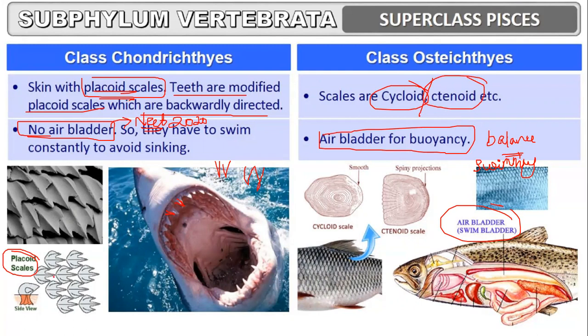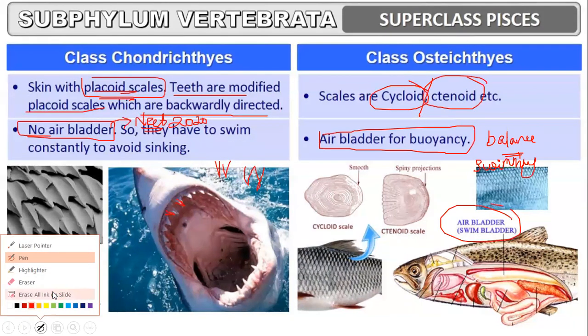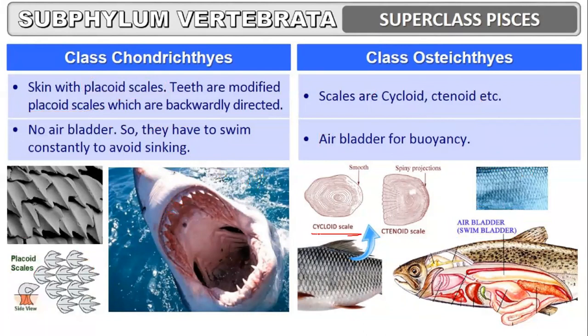You have to remember this point, which is very important. Look, guys, this is a cycloid scale. This is a ctenoid scale. You might have observed these structures. So class Chondrichthyes: placoid scale, no air bladder. Class Osteichthyes: cycloid or ctenoid scale, air bladder is present.